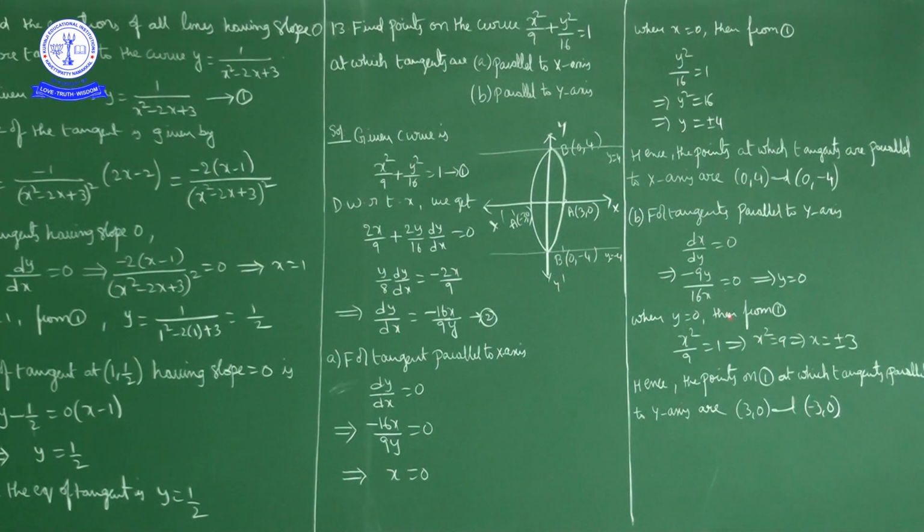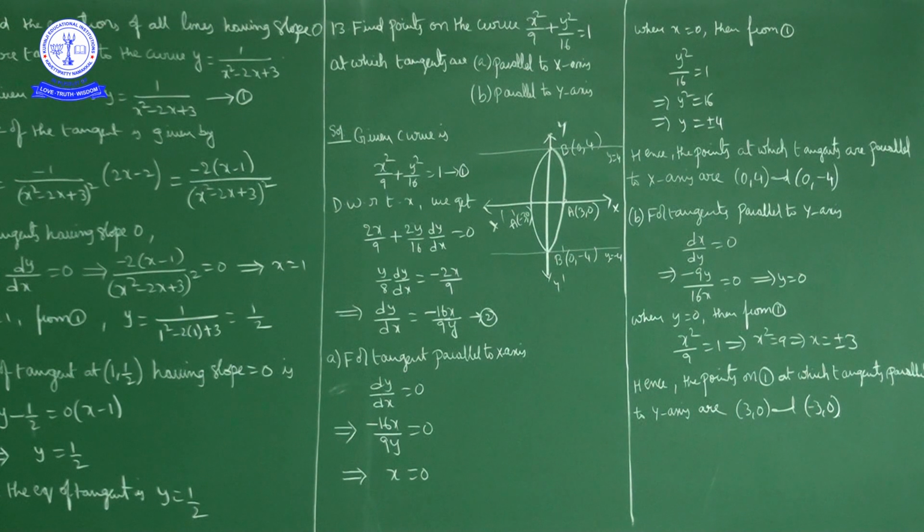Minus 9y upon 16x is equal to 0 gives y is equal to 0. Okay, by substituting y equal to 0 in the given curve, what we get, x squared upon 9 is equal to 1, x squared equal to 9, x is equal to plus or minus 3. Means what are the points?